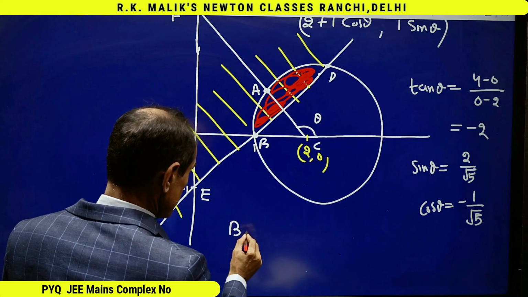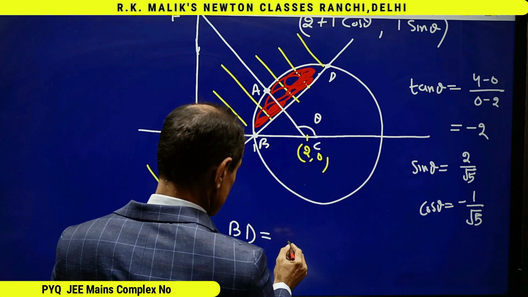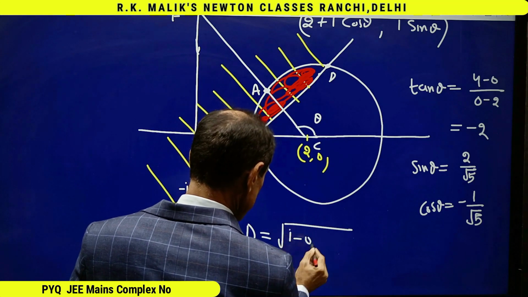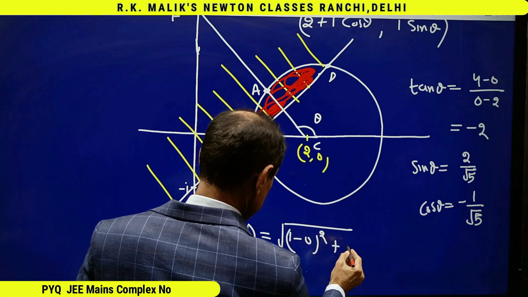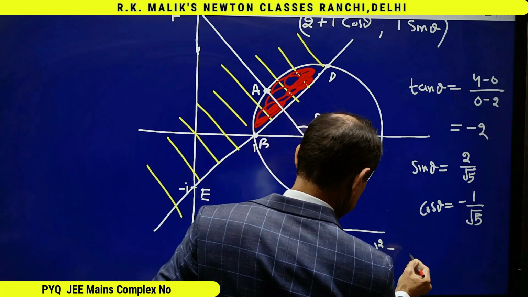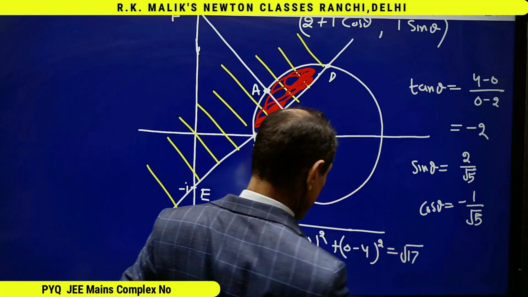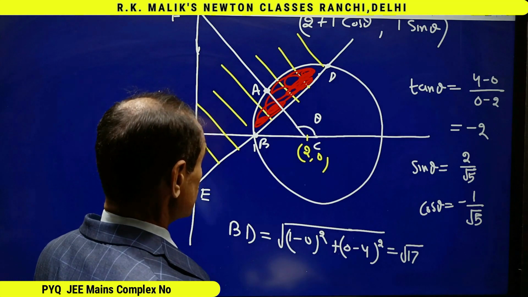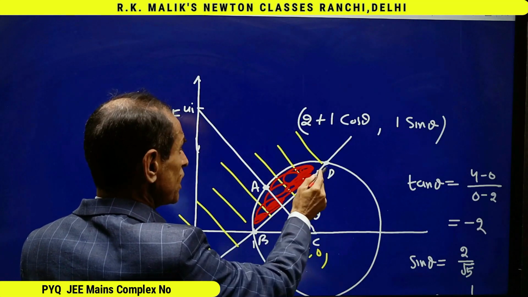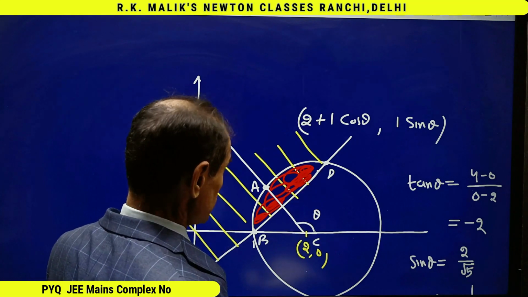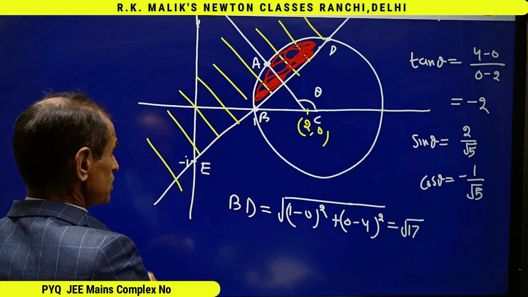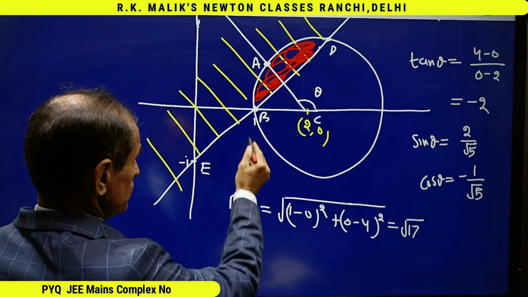It is clear that BF is under root 1 minus 0 whole square plus 0 minus 4 whole square, that is under root 17. Now to find the distance FD, I require the coordinate of the point D. Now to find the point D, I require the equation of the line BE.